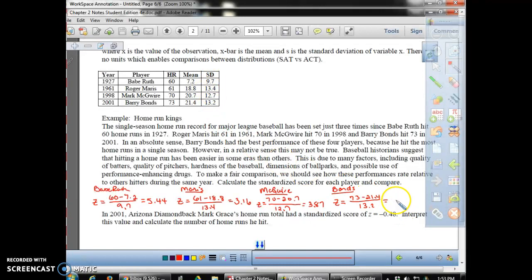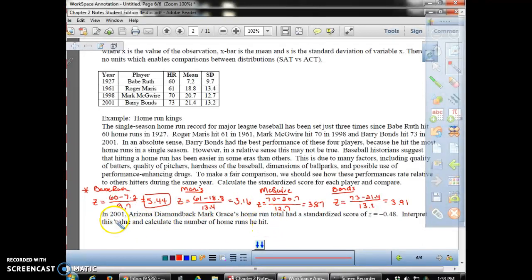So Bonds had 3.91. Even though they all look really good, Babe Ruth, relatively speaking, is the single season home run champ. Okay, so Babe Ruth would have actually been the best relative to the players of his time.